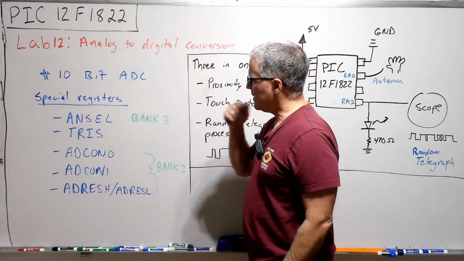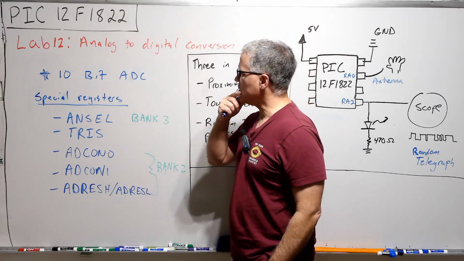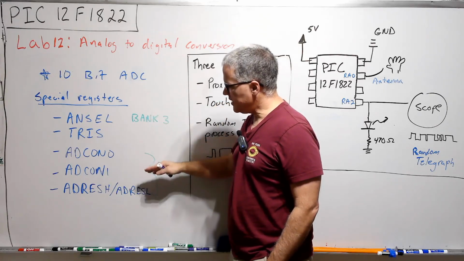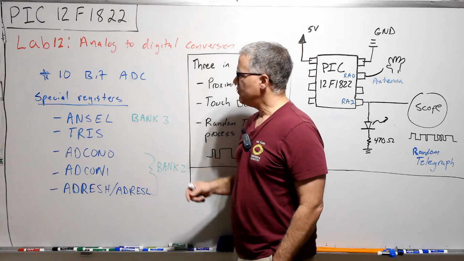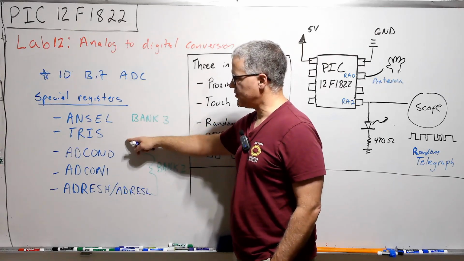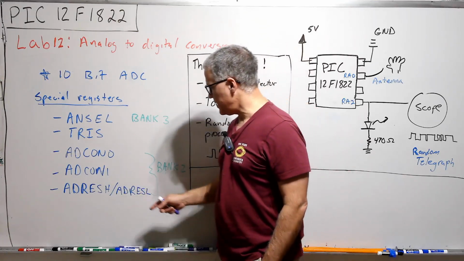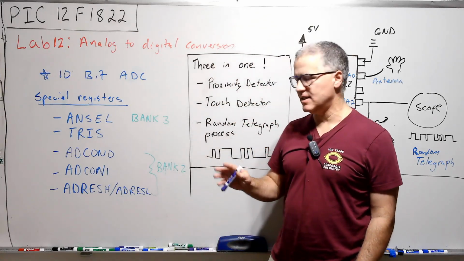This has a 10-bit analog to digital converter, the 12F1822. We'll need several registers, the ANSEL and TRIS, and then the ADCON0, the ADCON1, and then the ADRES high and low.